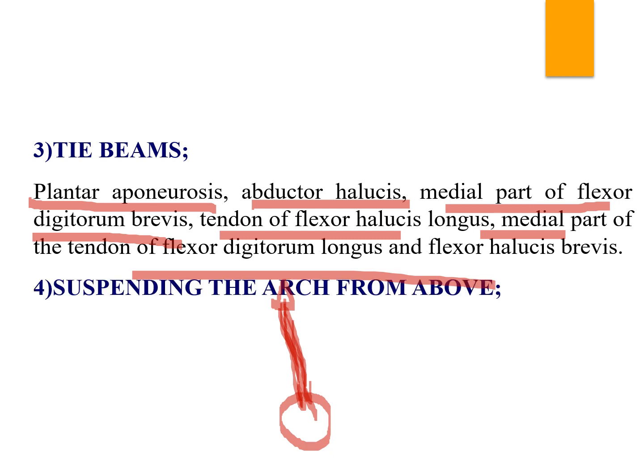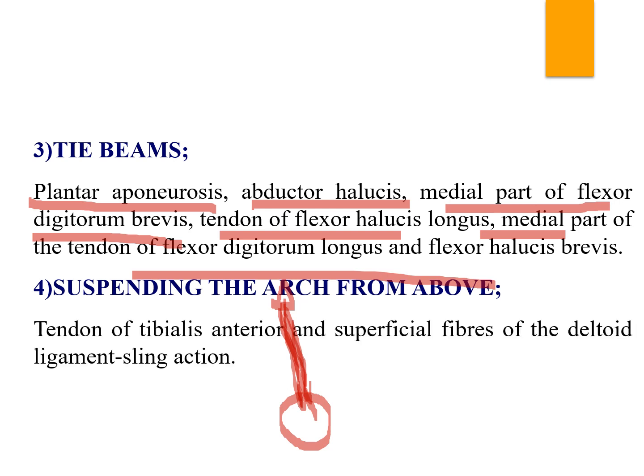So what is suspending the arch from above? What is holding this medial longitudinal arch? The tendon of tibialis anterior. That's what I told. This tibialis anterior is present in the anterior compartment of the leg and in the dorsum of the foot. So that supports the arch from above.